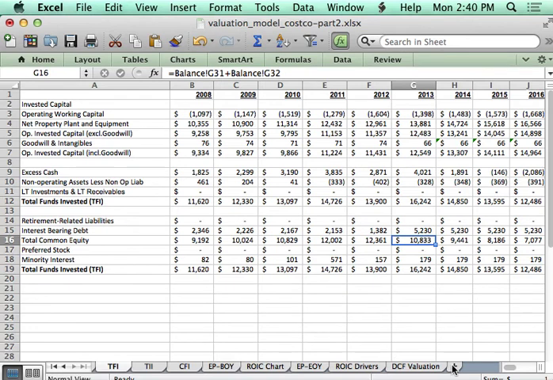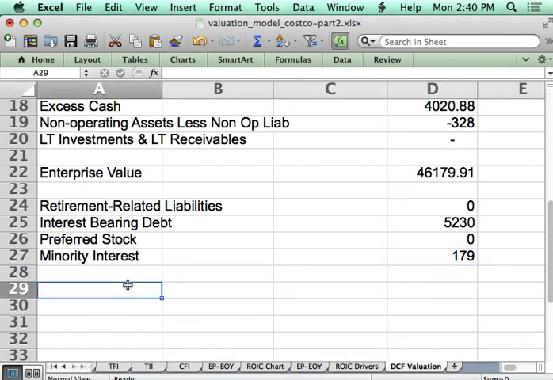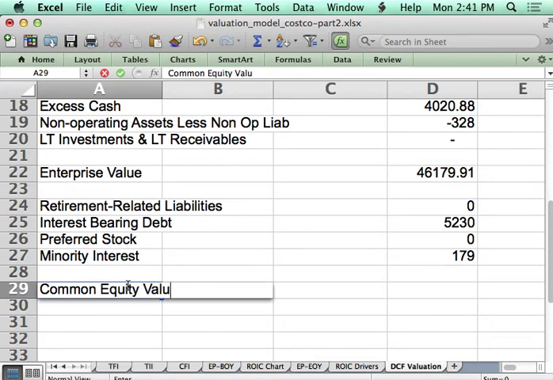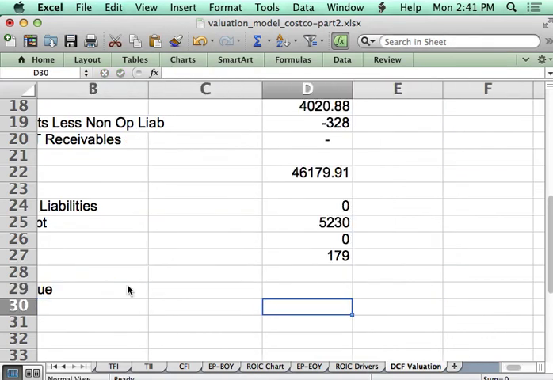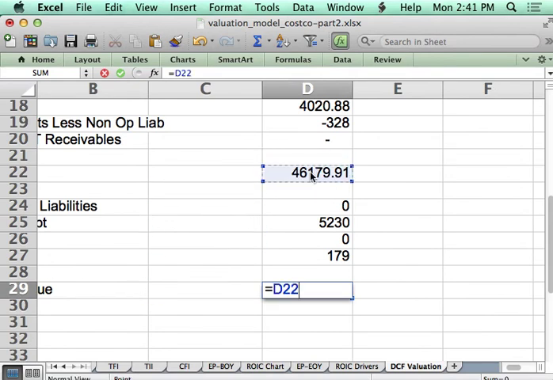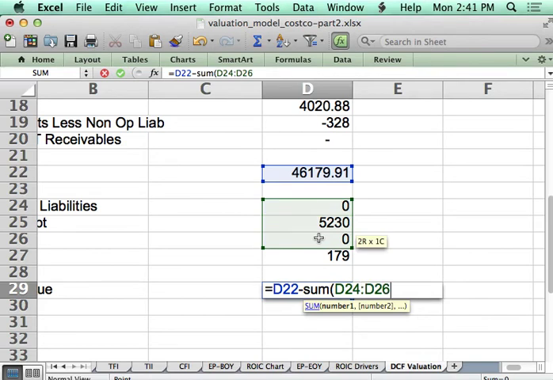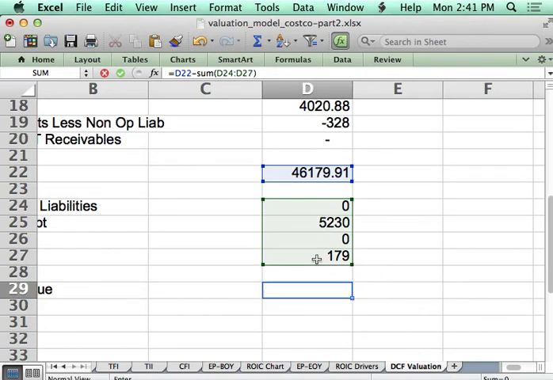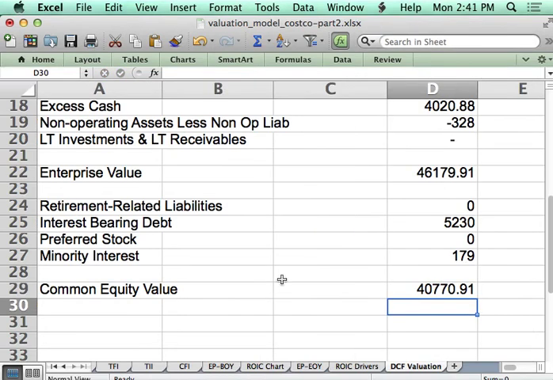Okay, so what I'm going to do in my valuation is say that my common equity value equals the enterprise value minus the sum of those 4 things, or about $40.77 billion.